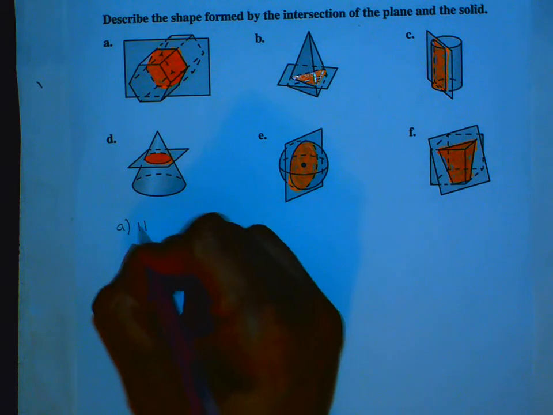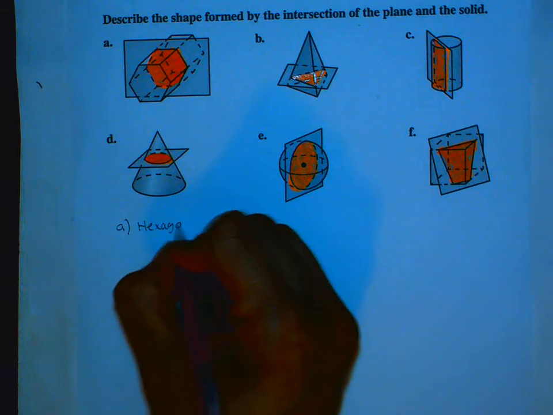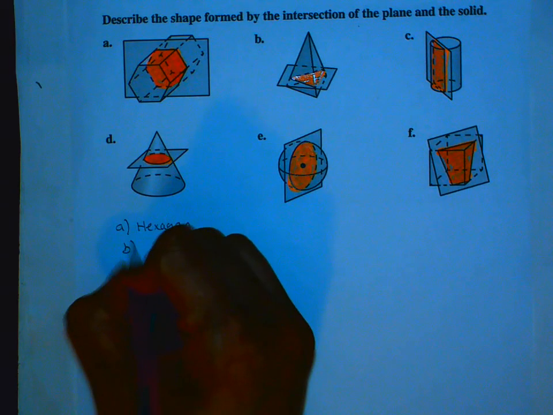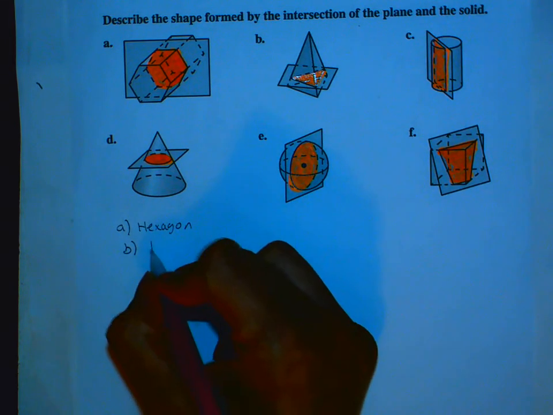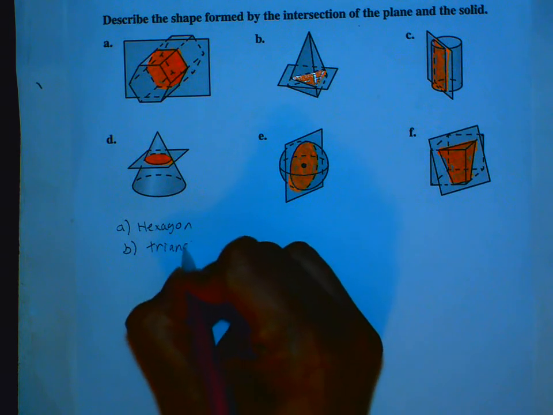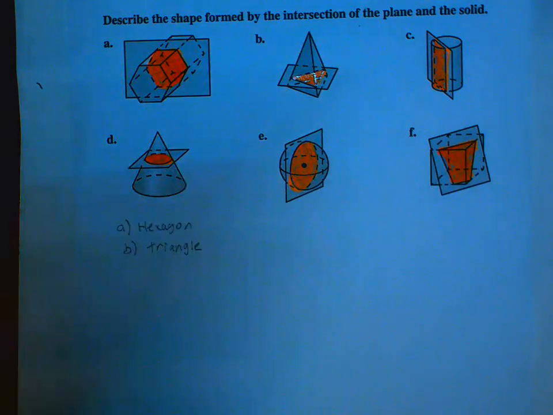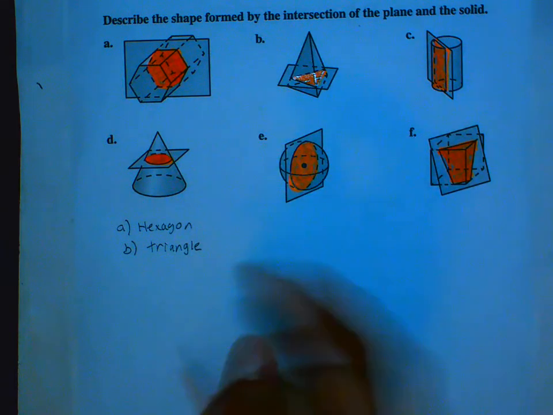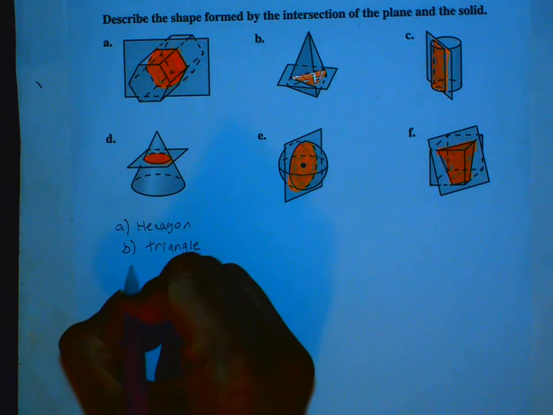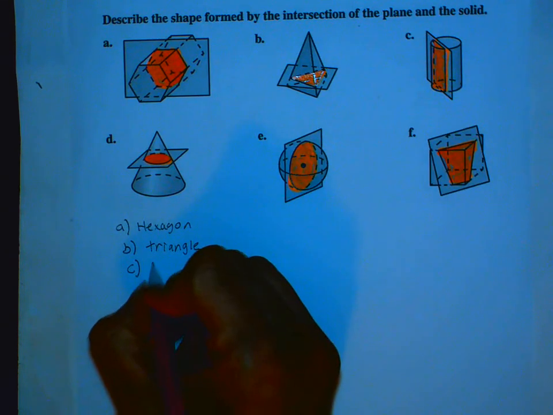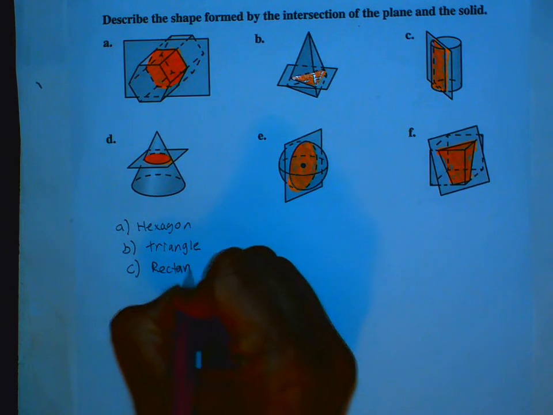This one, it's a hexagon. B, it's a triangle. That's a two-dimensional figure created by the intersection of the plane and the solid. For C, it's creating a rectangle.